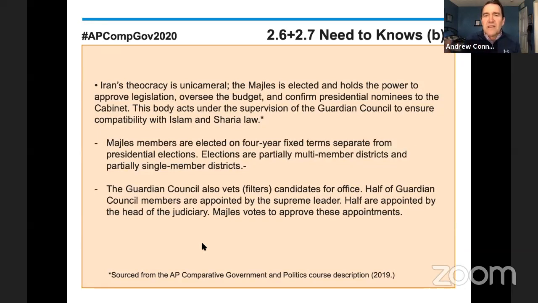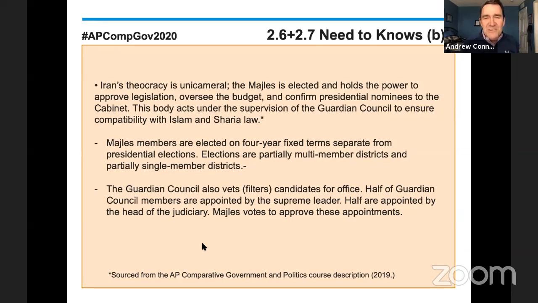The supreme leader appoints half the members of the Guardian Council. I believe there's 12 of them. The other half are named by the head of the judiciary in Iran, but we know the head of the judiciary gets his job from the supreme leader. So essentially the Guardian Council is the entity controlled by the supreme leader. So no policy is getting past the Majlis that the Guardian Council doesn't approve of.